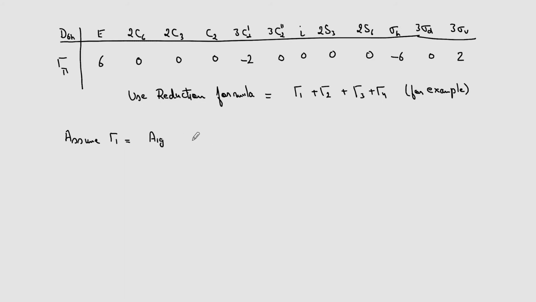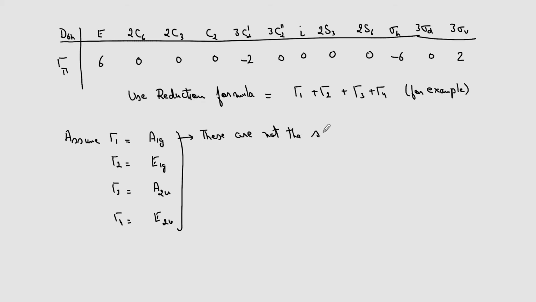Okay, what are the irreducible representations? So it has A1G. Let us say tau 2 is E1G. Let us say tau 3 is A2U. Tau 4 is E2U. I'm just randomly writing 4 irreducible representations. These are not the solutions.